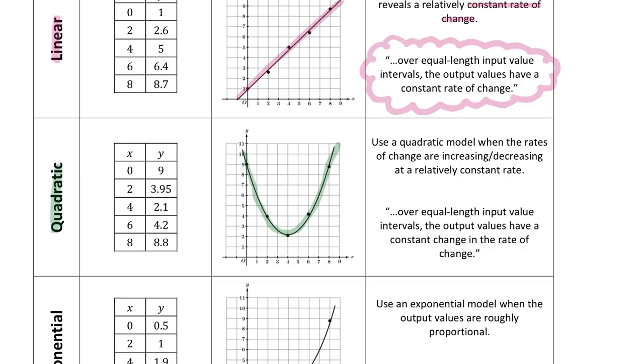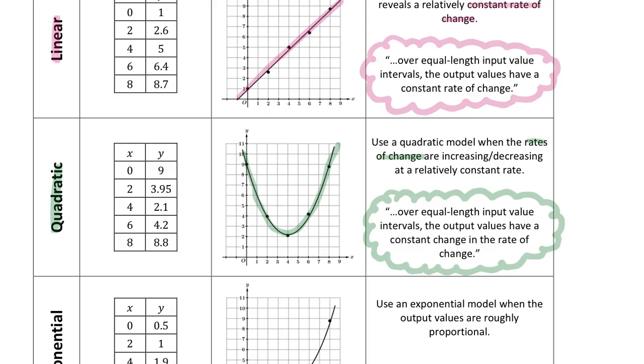We would say that quadratic models are used when the rates of change are increasing and decreasing at a relatively constant rate. So that's a change in the rate of change. We would write as our explanation that over equal length input value intervals, the output values have a constant change in the rate of change. Those are words we've heard before, yes?